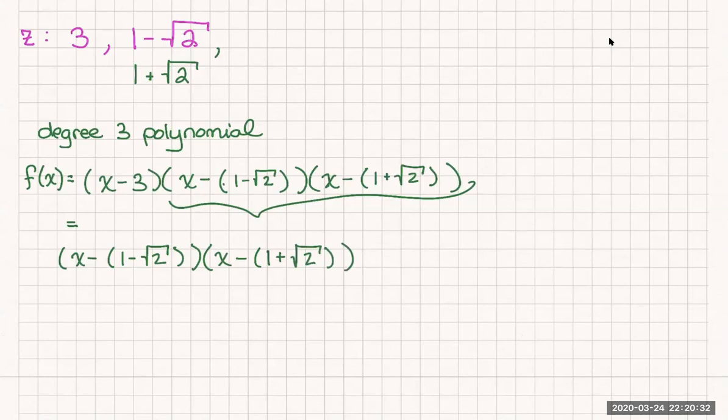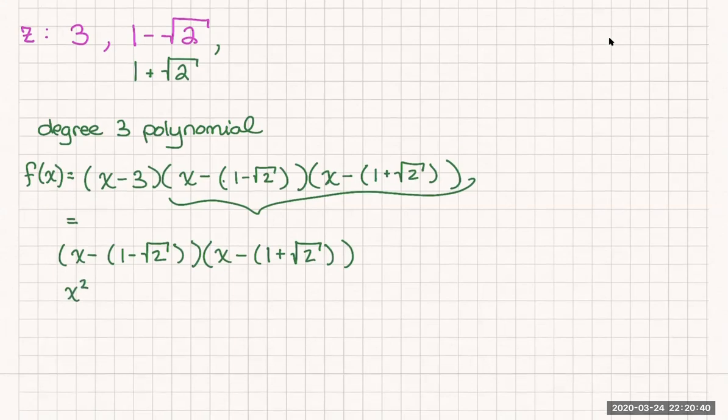Okay, so remember, how do we do this? We FOIL, right? So first is x times x, which is x squared. Outside gives me x times negative, in parentheses, 1 plus root 2. So it gives me negative x times 1 plus root 2.